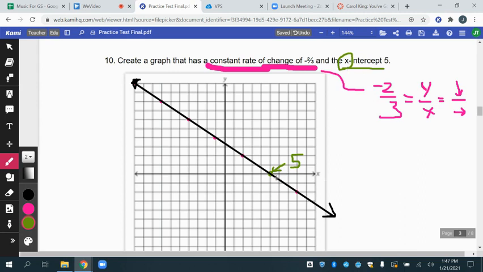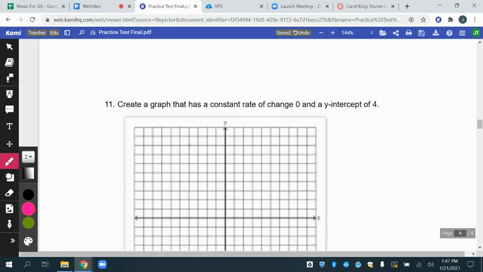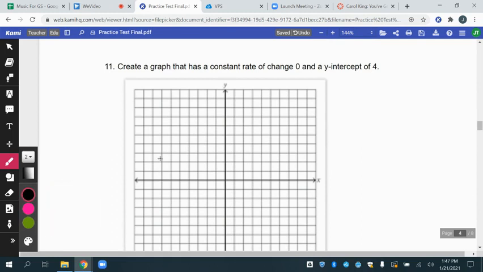Where it crosses the x-axis is called the x-intercept. It crosses at 5. And this is down 2 and over 3. All right. That pattern will get you anywhere in this. That's all there is to it.